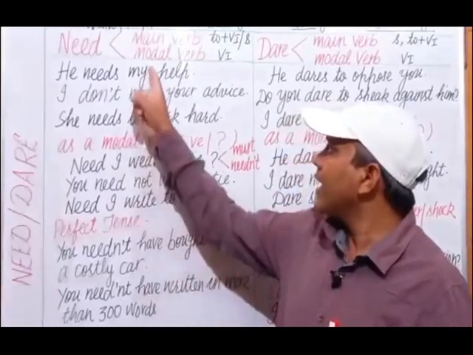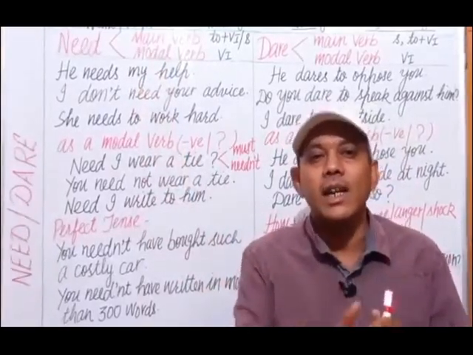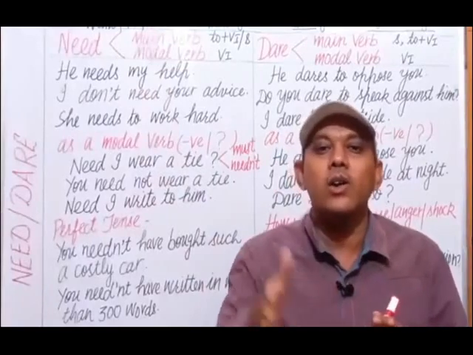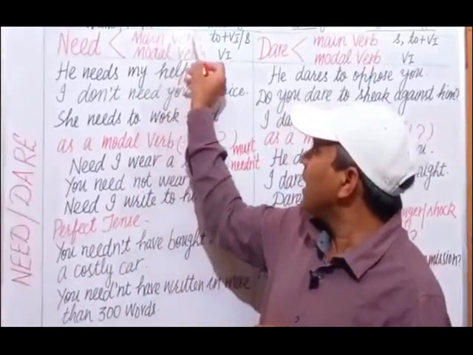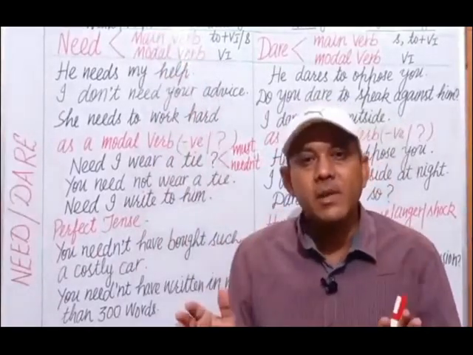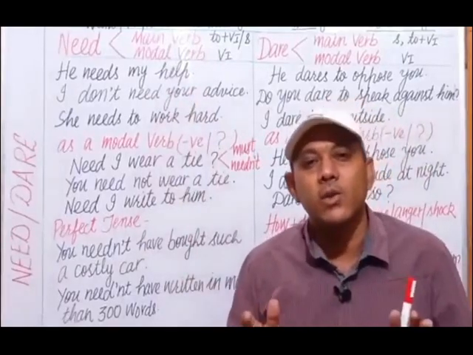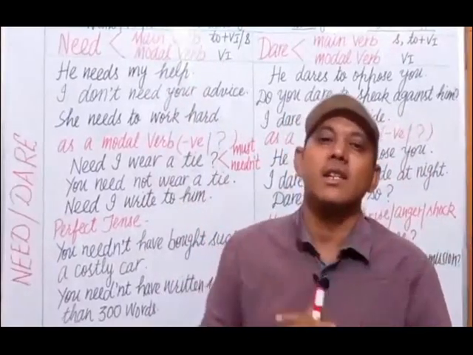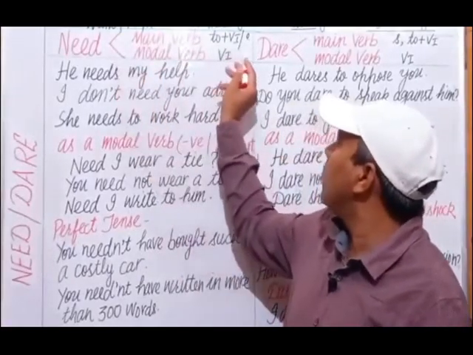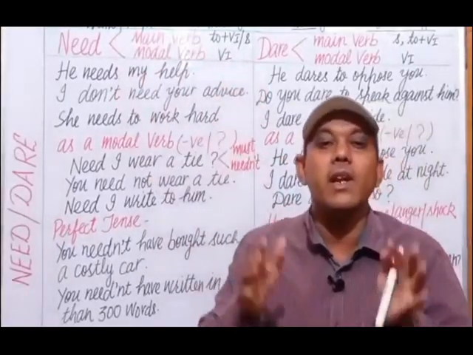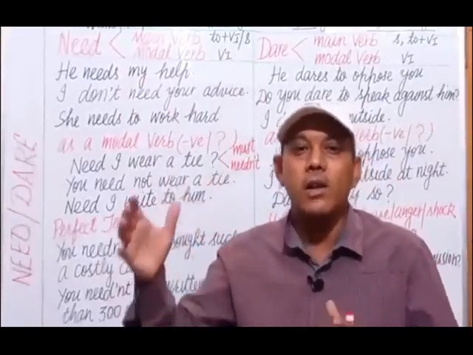But when it is used as a modal verb, it is usually used either in negative sentences or in interrogative sentences. If need has s attached, need plus s means needs, then that is a main verb, that is an ordinary verb.